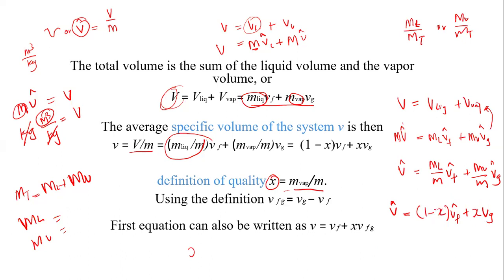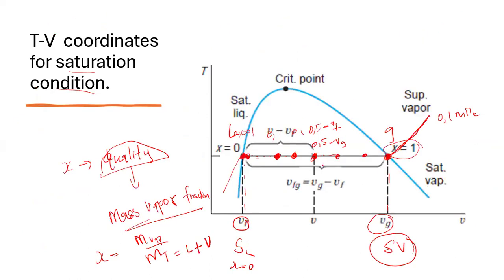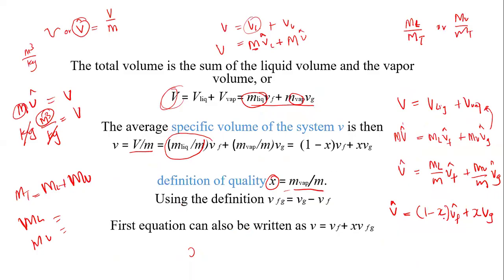Why am I saying 1 minus x? Because referring back to this diagram over here, remember, I said quality ranges between 0 and 1, right? So when you have a mixture with gas 60%, then the liquid will be 40%. If you have a mixture where the mass of vapor fraction is 0.7, therefore the liquid will be 0.3. So when we add them together, they're supposed to give us 1. So you're going to say 1 minus the mass fraction for vapor, and then you will get 1 minus x.